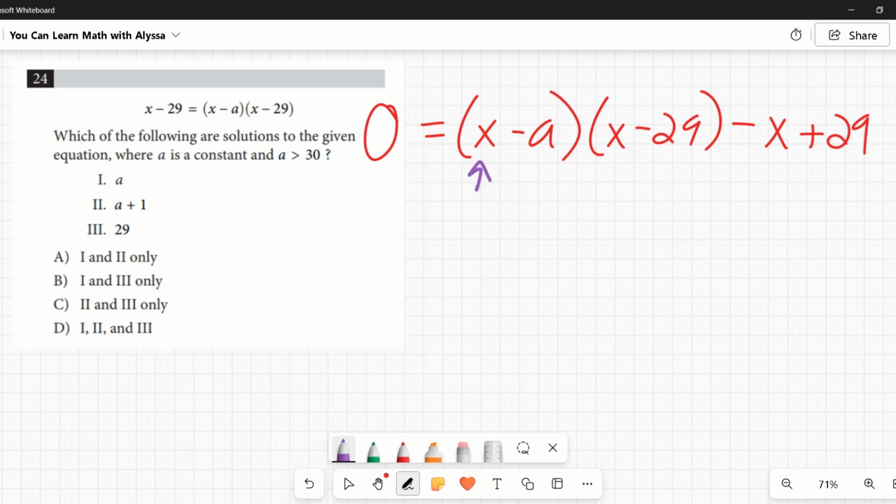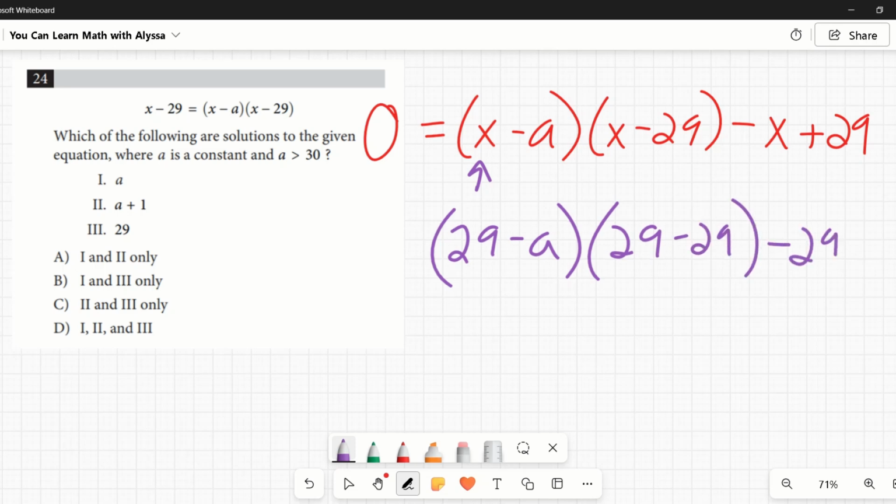Okay, so first, if I plug 29 in, I'll get 29 minus a times 29 minus 29, minus 29 plus 29. Okay, this looks interesting. The 29 minus a, I don't know what a is. I know it's a constant greater than 30, so 29 minus a is going to be a negative number.